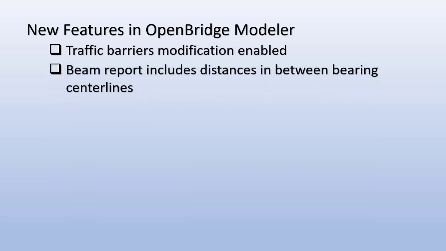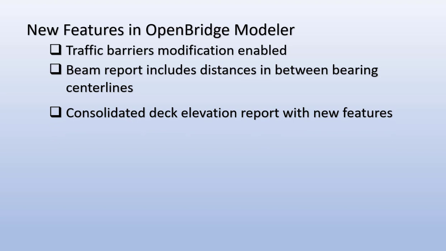The other one is beam report includes distances in between bearing center lines. And then the last one is deck elevation report now includes a consolidated deck report with some additional new features.